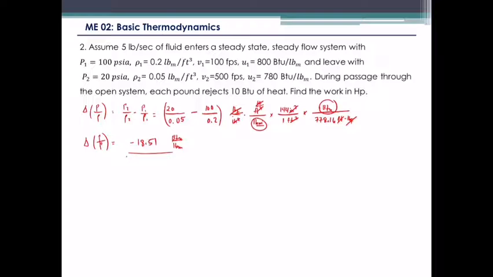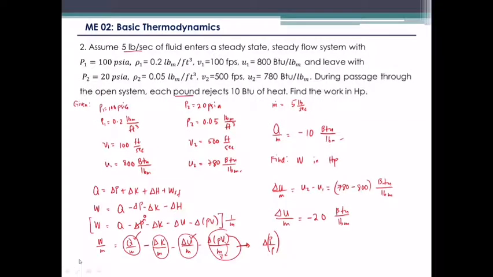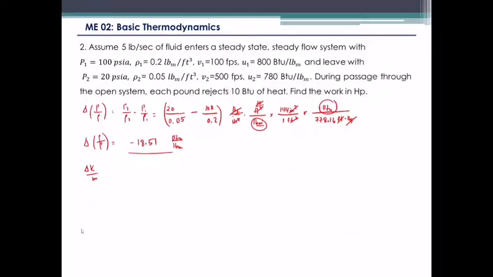Okay, so finally, we get delta K over M. So we have it now. Earlier, we only needed delta K over M. The formula for kinetic energy is 1/2 mv squared, so since M has been moved over here, the formula for delta K over M is 1/2 times V2 squared minus V1 squared.